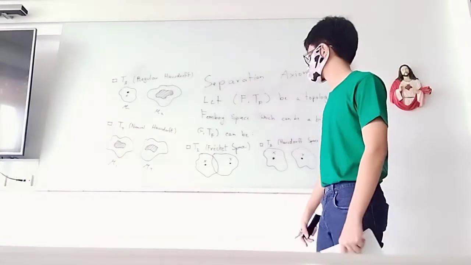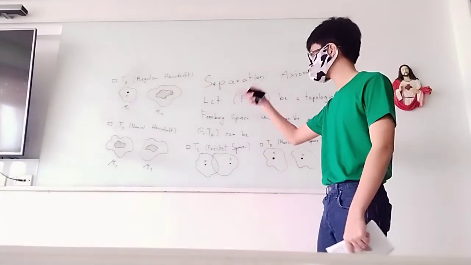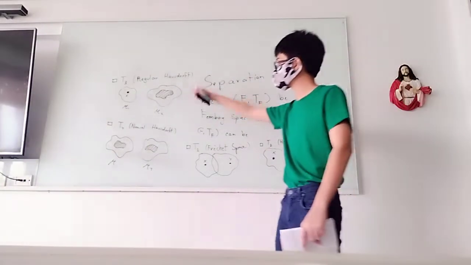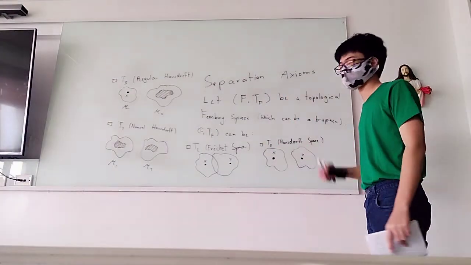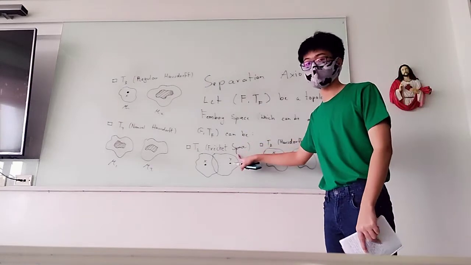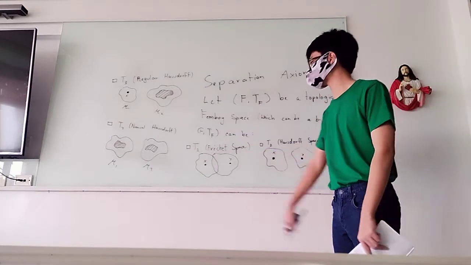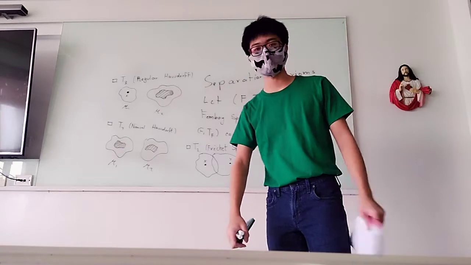It's not true. There's a reason why we classify these separately. There's a reason why that's called regular, why this is called normal, why this is just called Hausdorff, and why this is called Frechet. There's a reason why we classified them as T1, T2, T3, and T4. Okay?